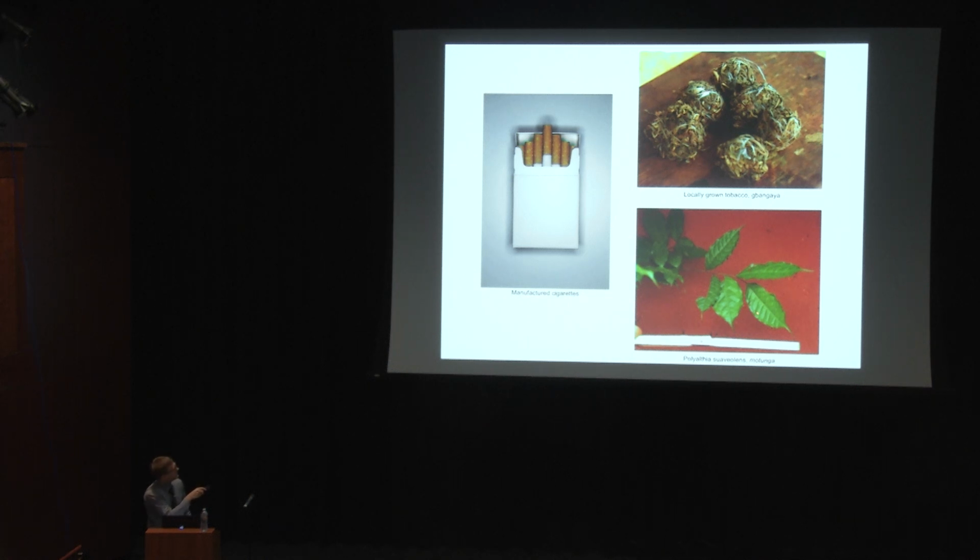But they take the leaves off and they roll it in another type of leaf, and they smoke it a lot like they would smoke cigarettes. And it's mildly psychoactive like nicotine is. They also use this plant in a tea to kill parasites. So they're using it as a psychoactive plant, like a recreational drug, but they're also using it medicinally to kill parasites.